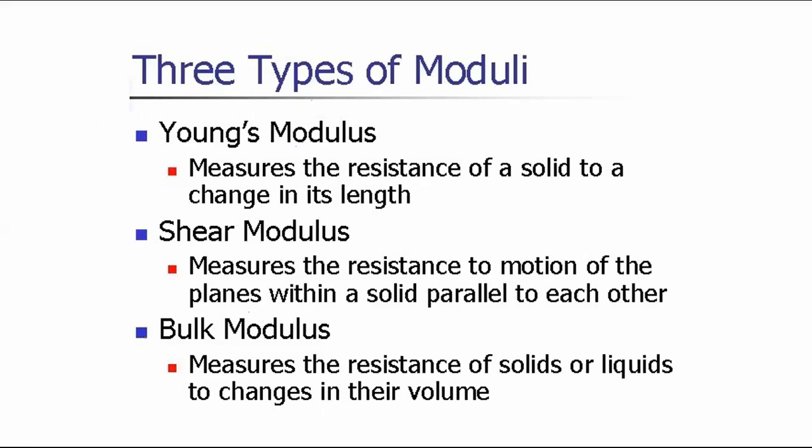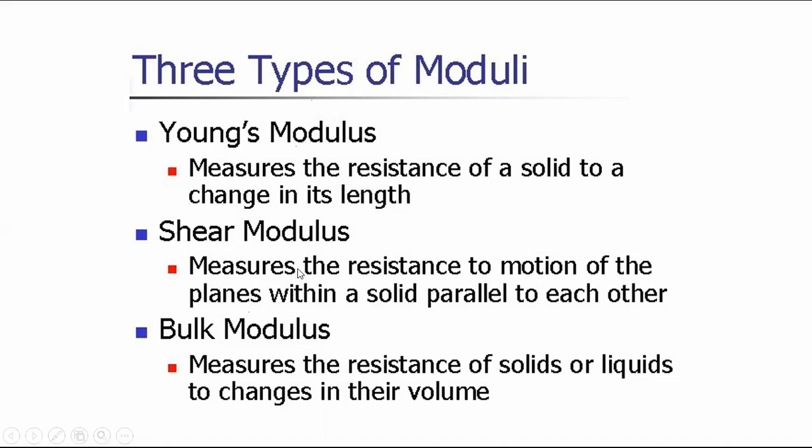Now look at here. What are the different types of modulus which we are going to discuss? First is the Young's modulus. It measures the resistance of a solid to a change in its length, that means in the longitudinal direction.